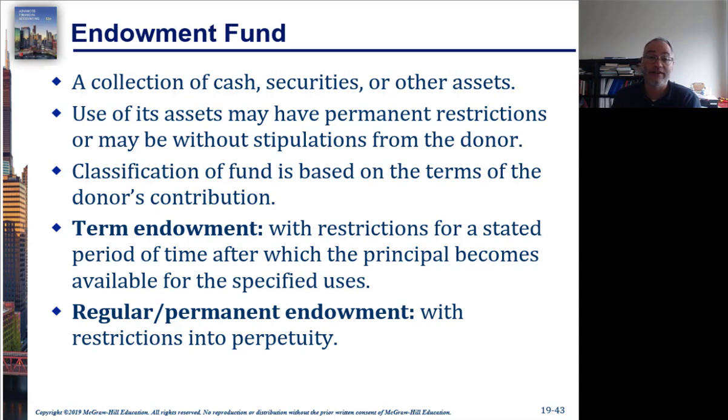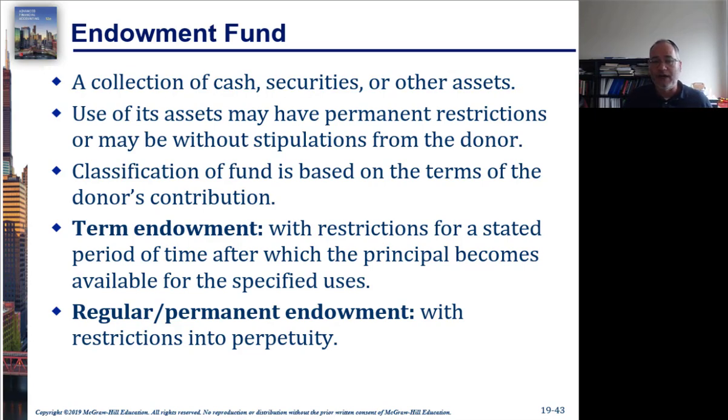So the donor may restrict the income from an endowment for, say, scholarships or something. I'm talking about universities again, colleges and universities, but they may restrict the income from an investment for, say, property, plant, equipment or something like that. But you can't spend the principal. So that would still be an endowment fund, and it would be with restrictions, obviously.